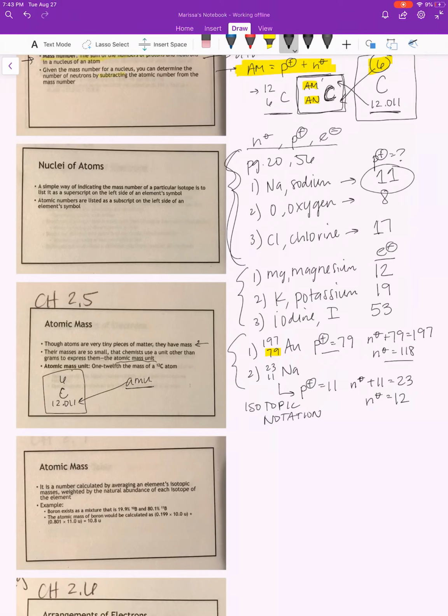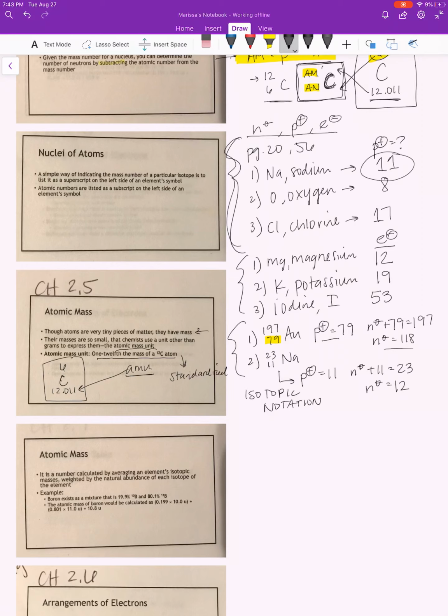These were technically the units on there. So there are units that go with it, but they're called atomic mass units. And the official definition is that one atomic mass unit is 1/12 the mass of a carbon-12. So it is a standardized measurement because we have something to reference it to. So you'll have units to put with it.